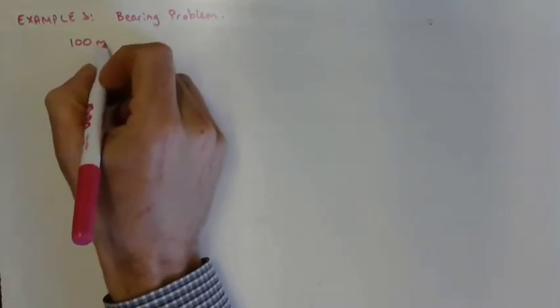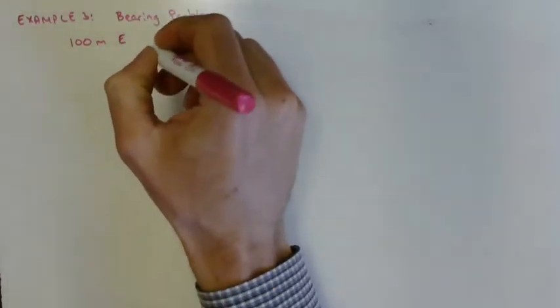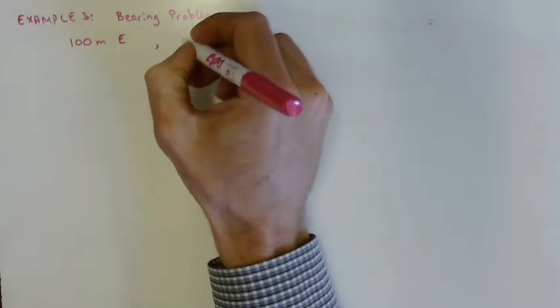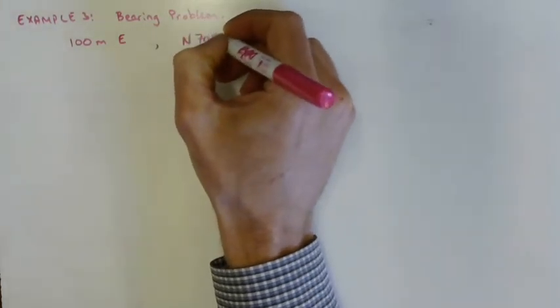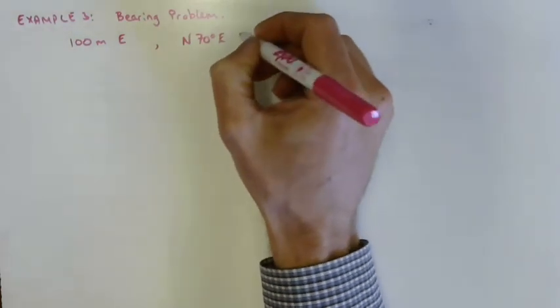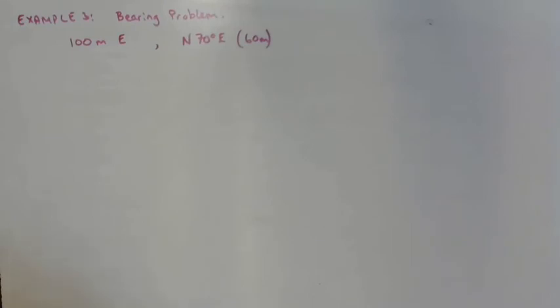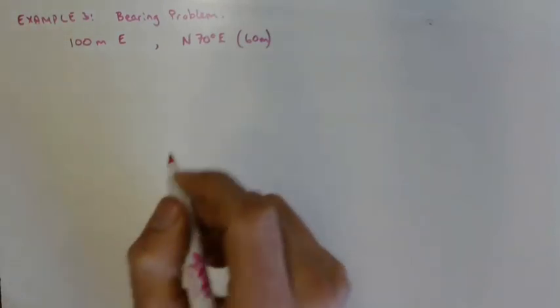I'm just jotting down some of the key information. 100 meters due east, then north 70 degrees east, you're going to walk 60 meters. How far are you from your starting position and at what bearing?